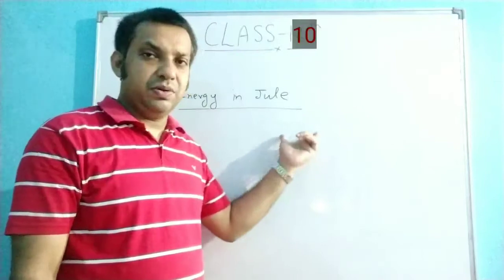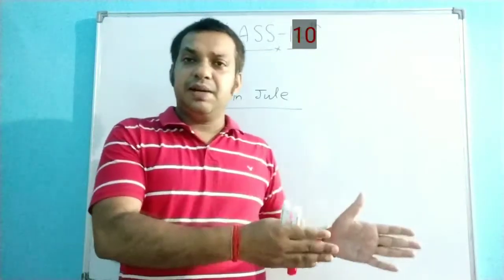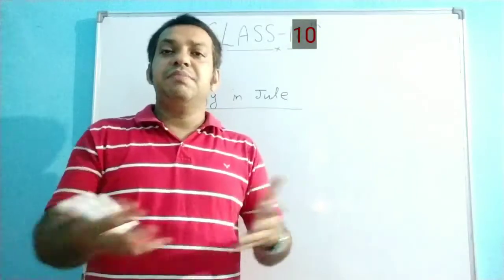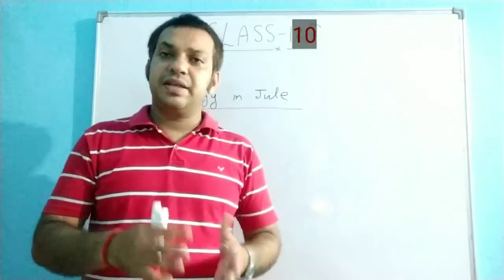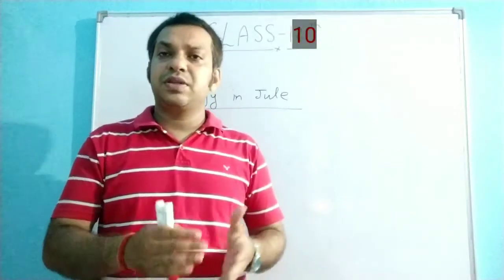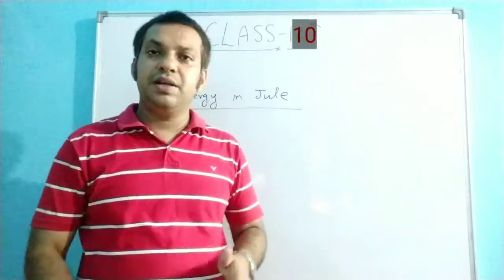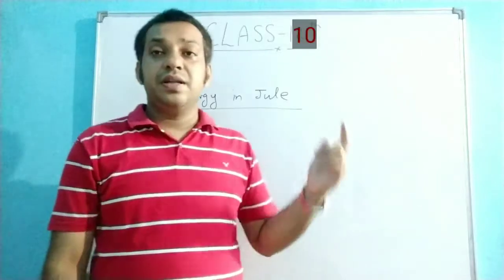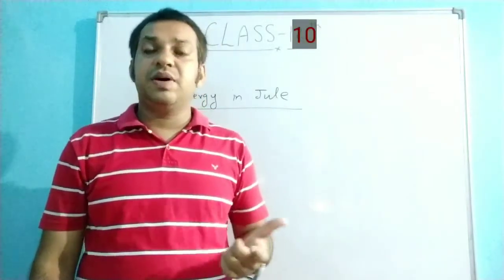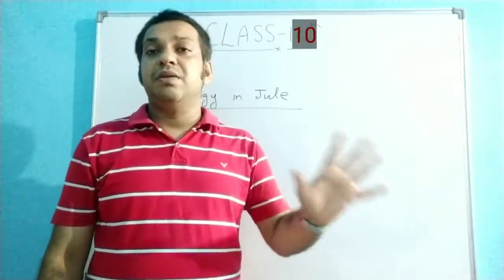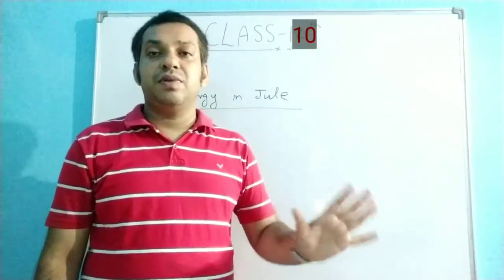Similar to the milligram, you do not ask the shopkeeper for sugar in milligrams. You ask in kilograms, because the kilogram is the conventional unit. That is why the joule is not the conventional unit to measure the energy consumption of a house.